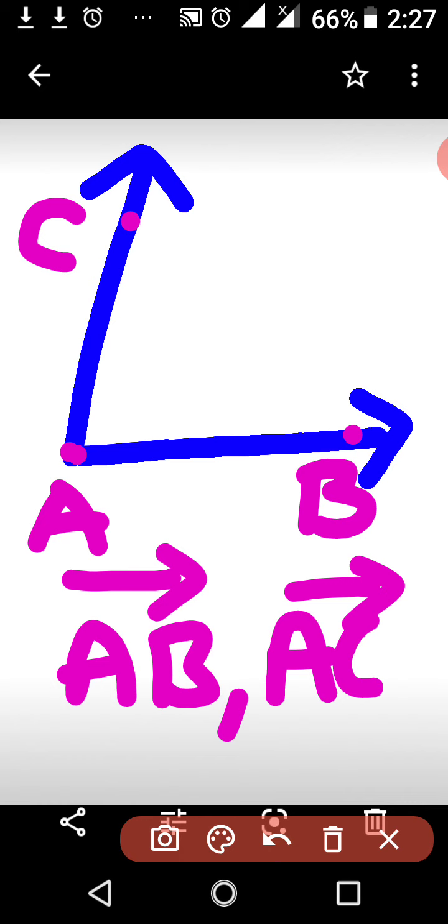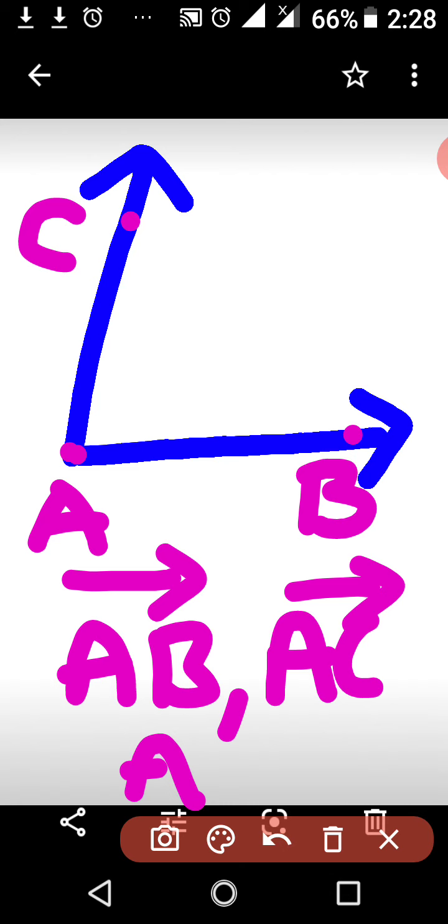Individually these are rays, but for the angle these are known as sides or arms. Next, the common end point of the two rays is called its vertex. Already we know this. Here the vertex is A. So the angle has one vertex and two sides.